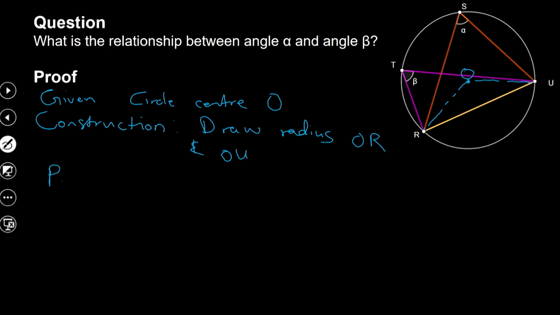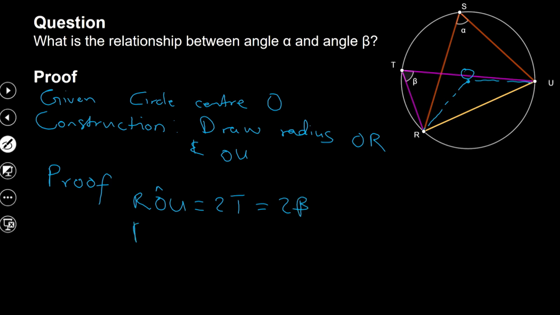Now, what do we know from this? I'm just going to say proof. We don't really know what is required to prove as yet. We are just trying to see what is going to be the relationship based on these two things that I have here. I know that my angle ROU will be equal to 2 times T, which is actually 2 times beta.